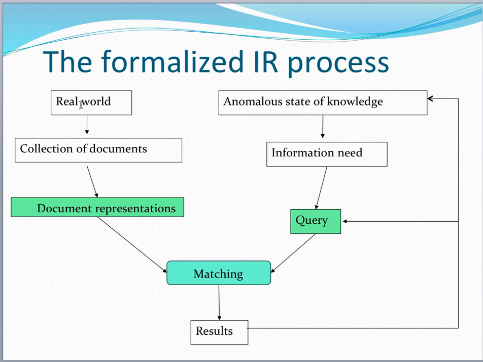In order to be stored in a computer system for future retrieval, documents need to be processed and abstract document representations will be derived. Okay, so you have the real world here, you have the creator of information right here, then you have a collection of documents, then you have to process those documents, such as doing indexing and giving the document a structure, and that's a document representation.